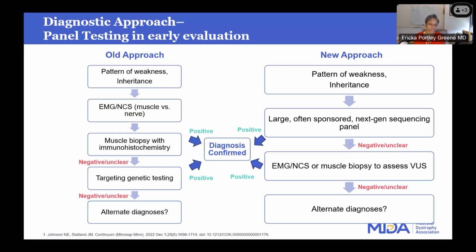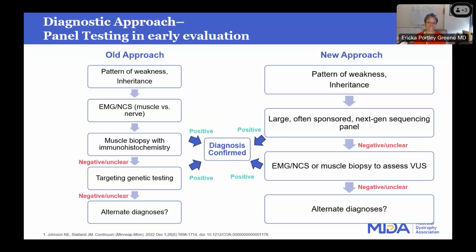So traditionally, we would go straight to EMG, and to be honest with you, we still do. It's almost an automatic order along with laboratory testing. But in the past, we'd wait to get the EMG to confirm: is this muscle, nerve, both, motor neuron? And then almost every patient would get a tissue biopsy, whether it was a muscle biopsy for myopathy or myopathy-related disease, or a nerve biopsy for neuropathy.